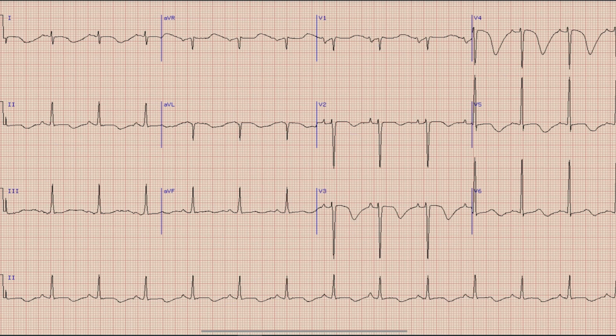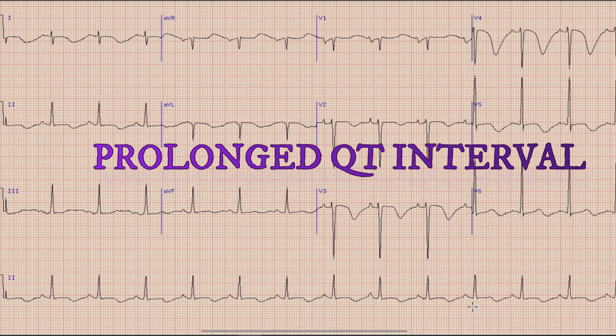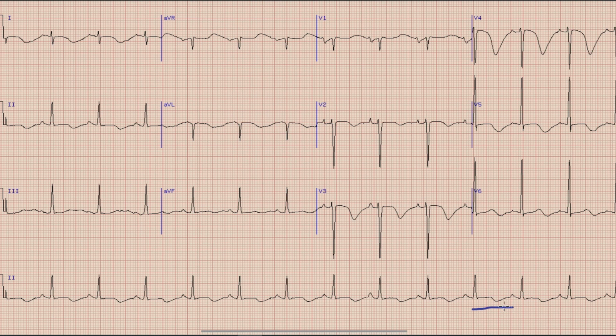Now another important finding which you can note on this ECG is that the QT interval is very prolonged. Here you can see that the QT interval is around 580 to 600 milliseconds.